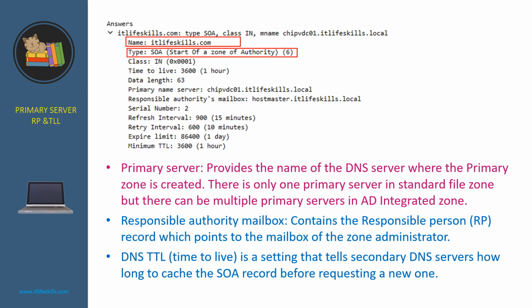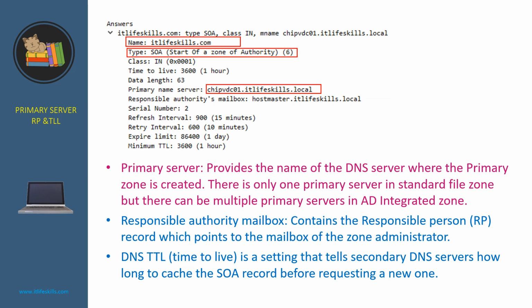There is only one primary server in a standard file zone, but there can be multiple primary servers in an AD integrated zone. So in this record, gpvdc01.itlifeskills.local is where the primary zone for the domain itlifeskills.com is created.